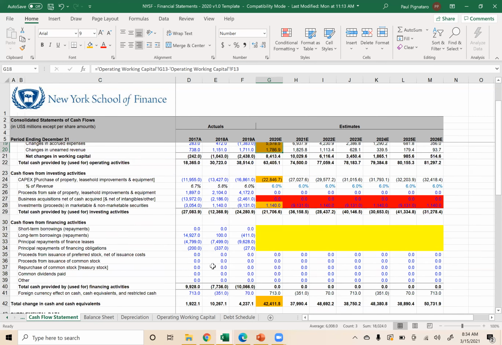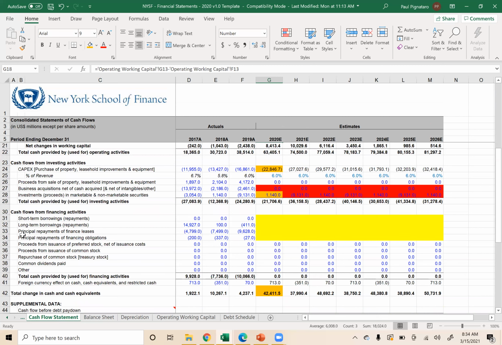I see a line item down here for finance leases. Even though we didn't link this up yet, this is going to come from our debt schedule. I want to pull cash flow into the balance sheet. So once this becomes populated, it's all going to continue to flow.